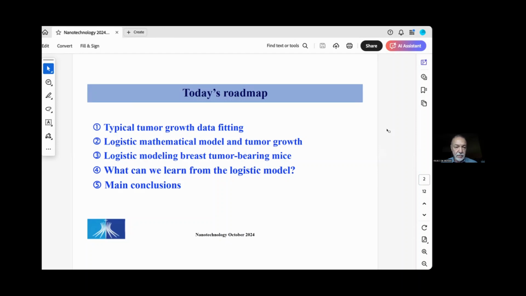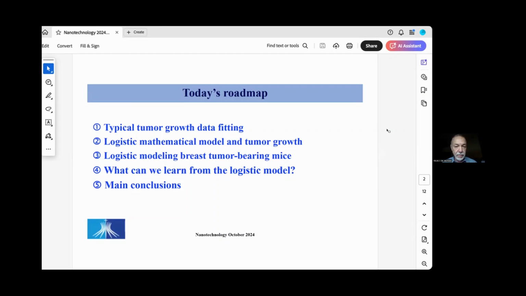And then I will show you the animal model we are using to extract data from the breast tumor growth in Swiss mice, female Swiss mice.